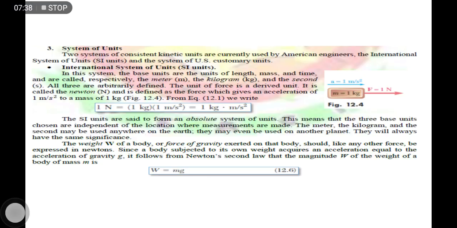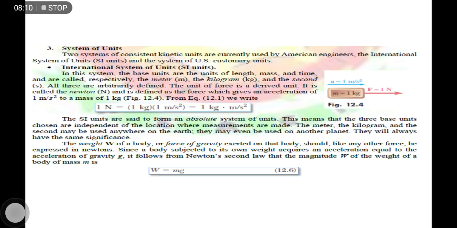Most of us use the international system of units.